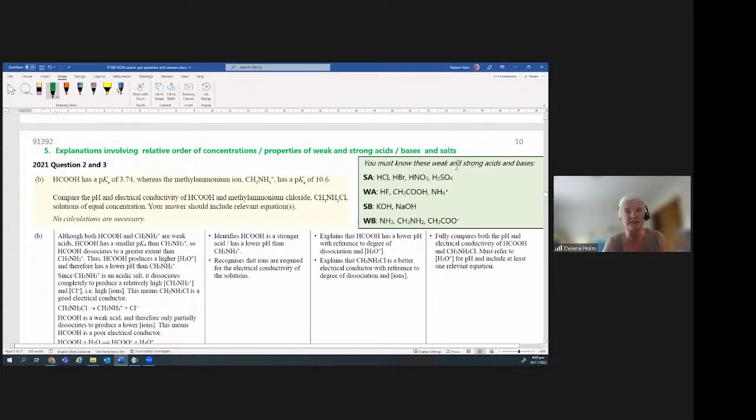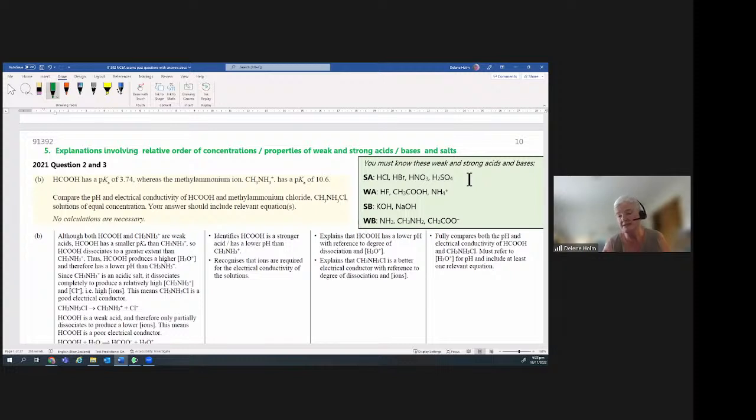assessment specifications for this year, you are supposed to know SA is strong acid. You are supposed to know these. So if they, in the question, give either HCl, HBr, HNO3, or H2SO4, you're expected to know that those are strong acids. They won't tell you.